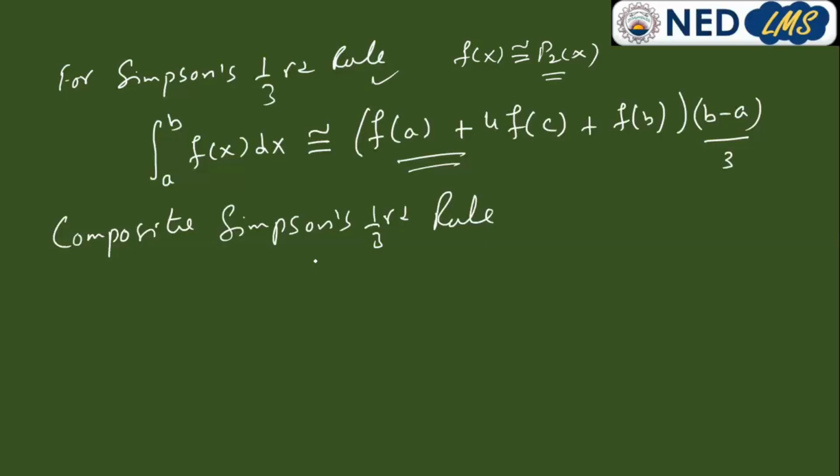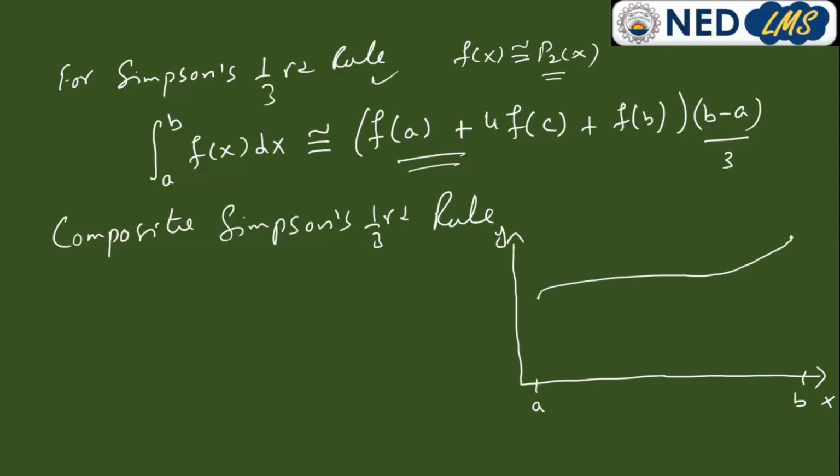That's the main idea. I'm not going to explain the detail again, but let me write it down a little bit larger. So it starts from A and ends at somewhere B, with X and Y axes. This is the integrand, for example.